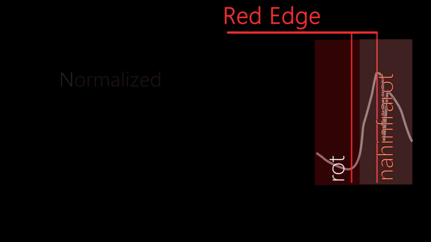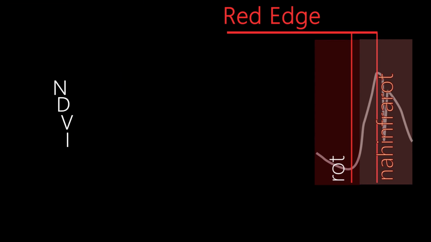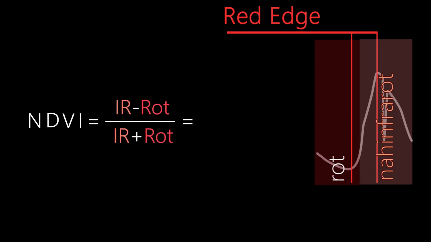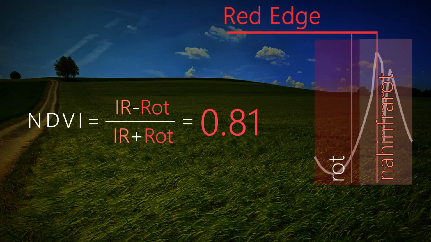Remote sensing uses this phenomenon to calculate the normalized difference vegetation index, or NDVI for short. The NDVI is the quotient of the difference and the sum of the red and infrared channels. The more vital the observed vegetation is, the closer this index is to 1.